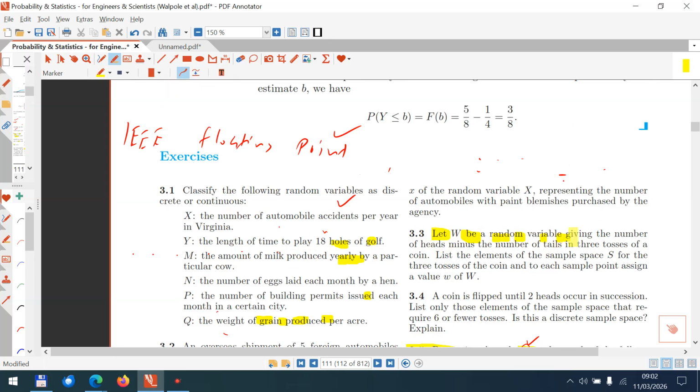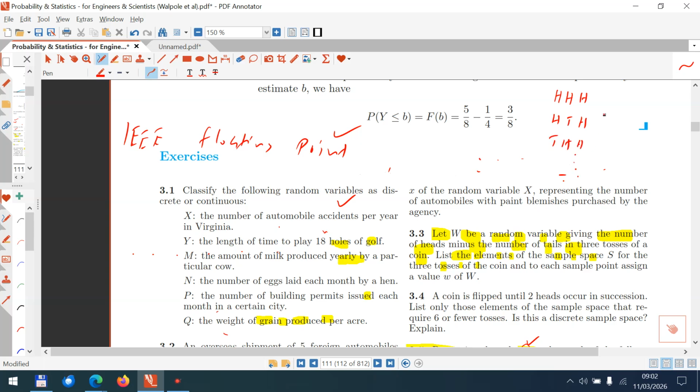Let W be a random variable giving the number of heads minus the number of tails in 3 tosses of a coin. List the elements of the sample space for 3 tosses and to each point assign a value of W. So how will you go about it? 3 tosses, so sample points will look like this: head, tail, head, and so on.